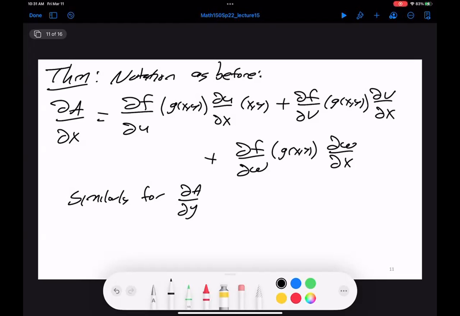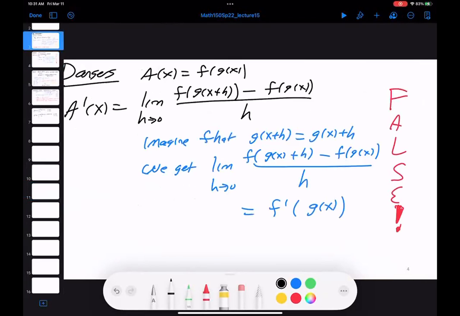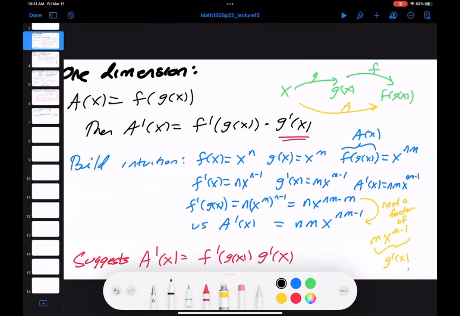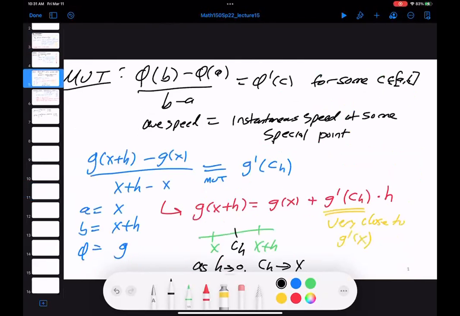If you look at it, you almost want to say, well, can I just cancel out the du's diagonally, and cancel out the dv's diagonally, and cancel out the dw's diagonally? No. But if you use this to try to remember, I first see how f changes with respect to u, and then I magnify that by how u changes with x. And that's similar to what we were doing at the beginning of the day. So we have to remember, where's that g prime of x factor coming from?